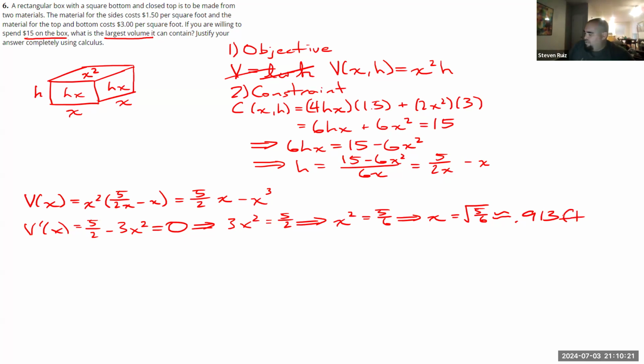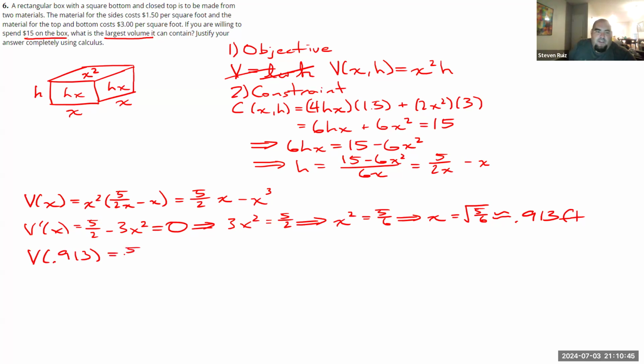All right, are we done though? Let's look at what the question was. What is the largest volume it can contain? So I think we found the value of x that will give us the highest volume, but now let's actually find what that volume is. What is the volume when x equals 0.913?